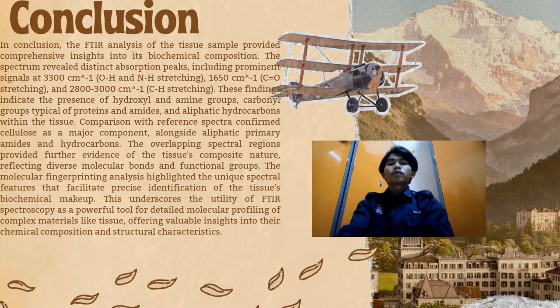The molecular fingerprinting analysis highlighted the unique spectral features that facilitate precise identification of the tissue's biochemical makeup. This underscores the utility of FTIR spectroscopy as a powerful tool for detailed molecular profiling of complex materials like tissue, offering valuable insights into their chemical composition and structural characteristics.